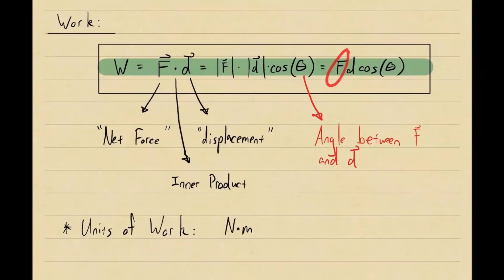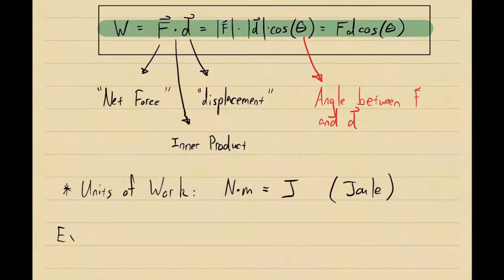So F has units of newtons, and our displacement is going to have units of distance. So it's going to have units of newton times meters. But this is what we call a joule, indicated by a capital J. So this is a joule, right? In honor of the physicist who made a lot of contributions to work and energy and stuff like that. So let's look at our first example of work.